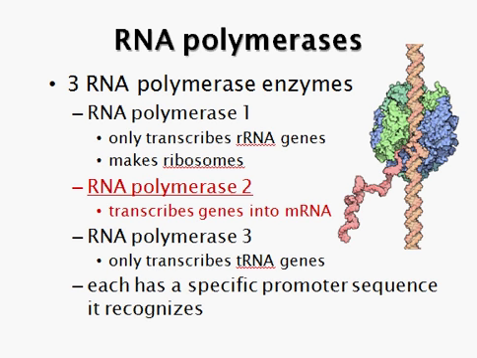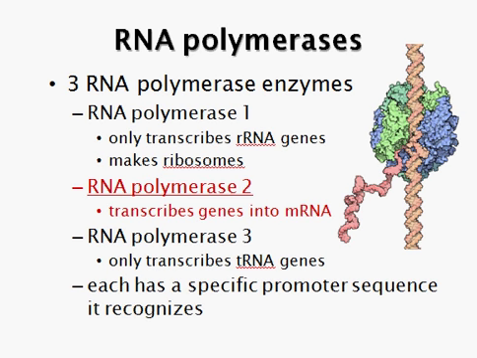So basically it's getting all the DNA's instructions. RNA polymerase 2 transcribes all genes into messenger RNA except for the ribosomal RNA genes and the transfer RNA genes. The transfer RNA genes are transcribed only by RNA polymerase 3.